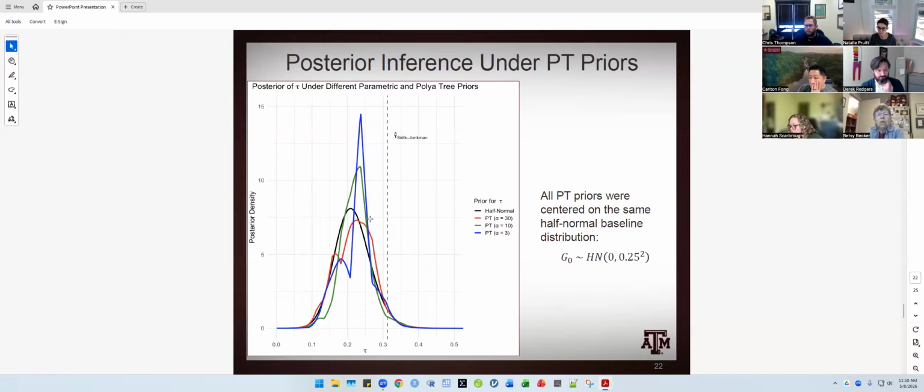Yeah, and it seems like if we're so used to saying, "Oh yeah, it's a normal, so let's just make some sort of confidence interval using the normal posterior," you can't do that with this. Correct. You've got to get your intervals in a much more complicated way, it looks like.